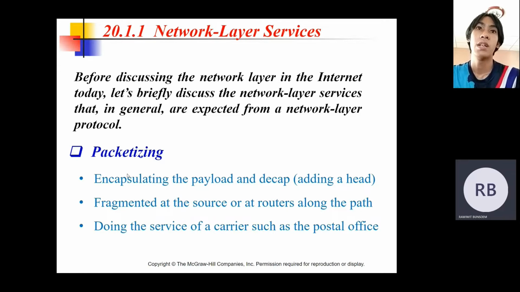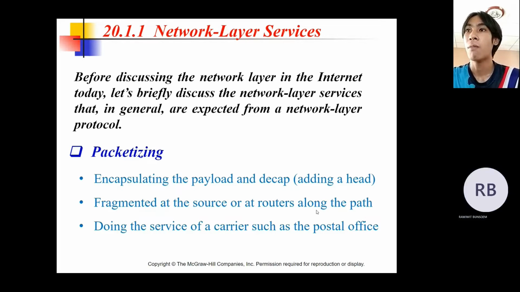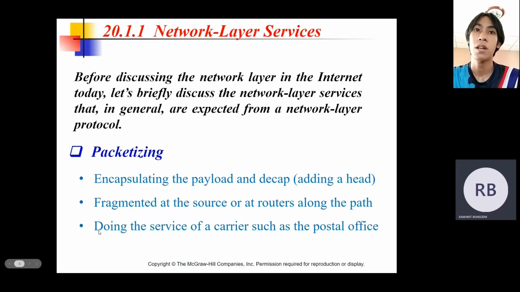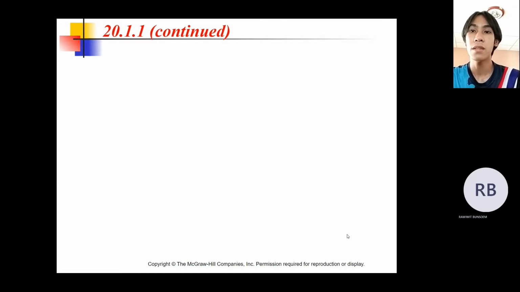Packaging: encapsulation, adding the payload and decapsulation, adding a header, fragmented at the source or the router along the path. Doing the service of a carrier at the postal office. The next, continue.